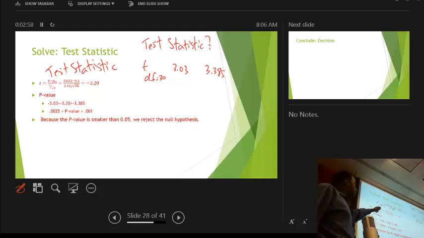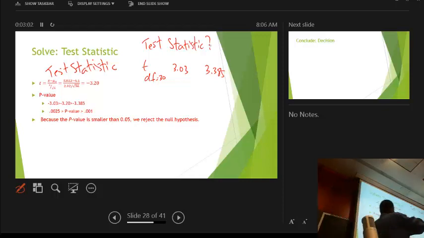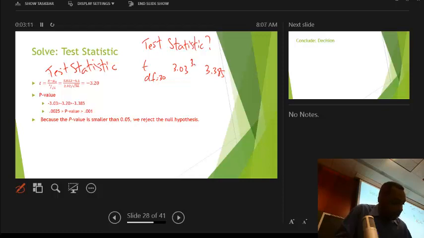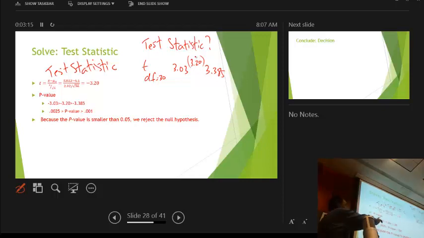We have a 3.20. Again, look at the absolute value, so to speak, and the two values are 3.03 and 3.385. So 3.20 was in between 3.03 and 3.385.